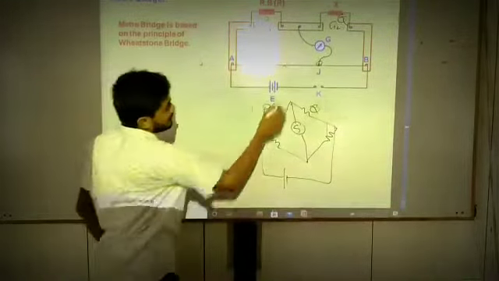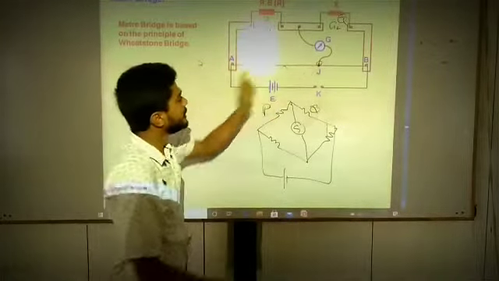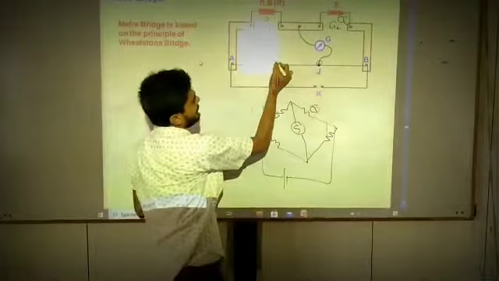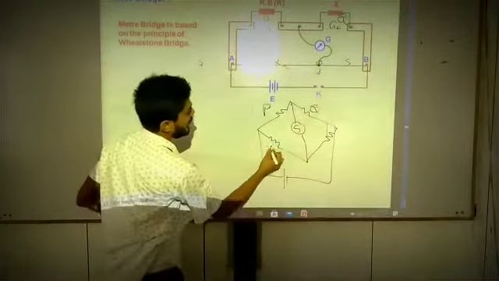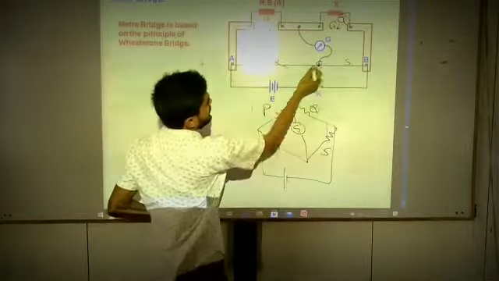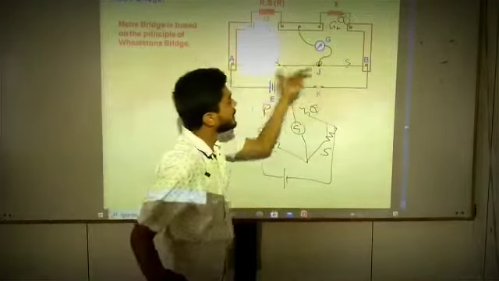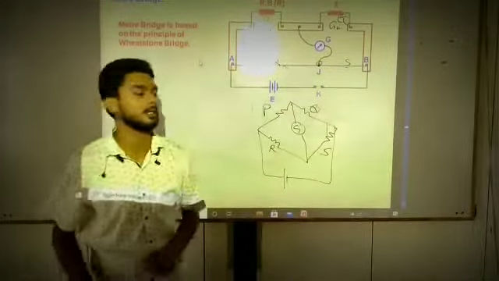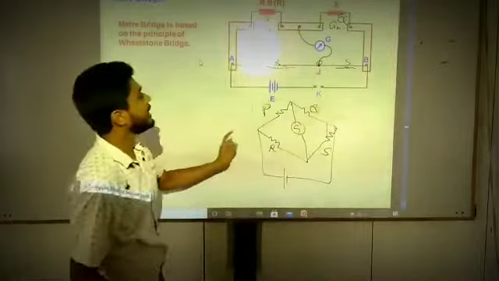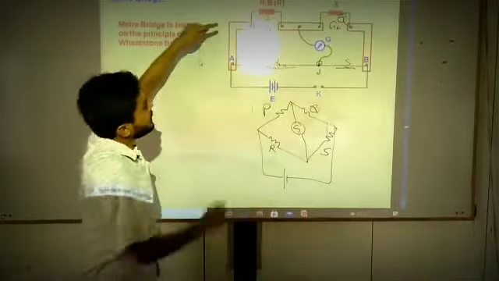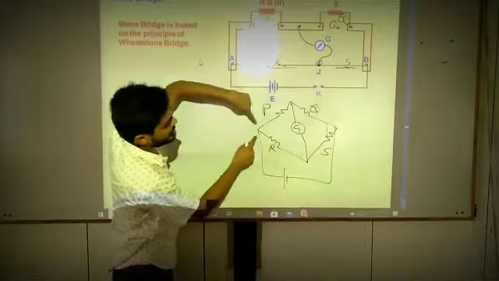Now see here, as you connect the jockey at any point on the wire, the left side of the wire will be R and the right side will be S. Because these wires are considered as resistors, this is R, this is S, and P and R are connected at a point.